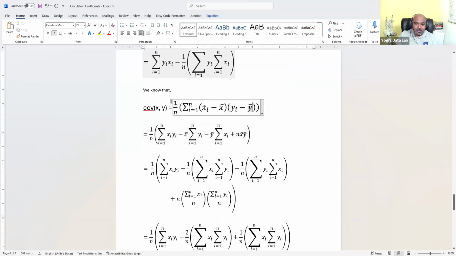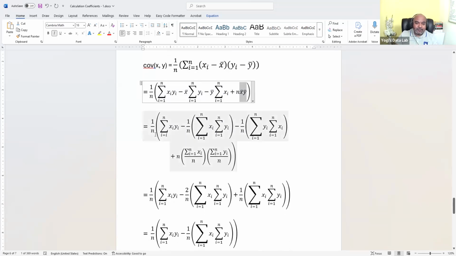This term will get multiplied with this. So minus y bar summation i equal to 1 to n xi plus n x bar y bar. The n x bar y bar is negative times negative, so it becomes a plus, and it is a summation of 1 to n. So it is a constant because both of them are means, so it becomes n x bar y bar.